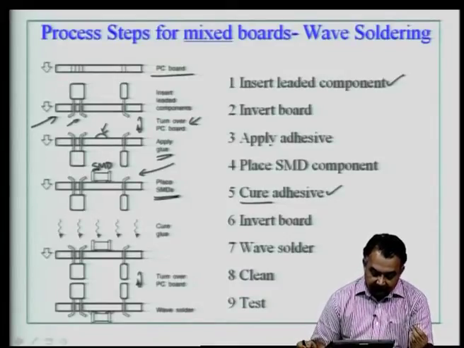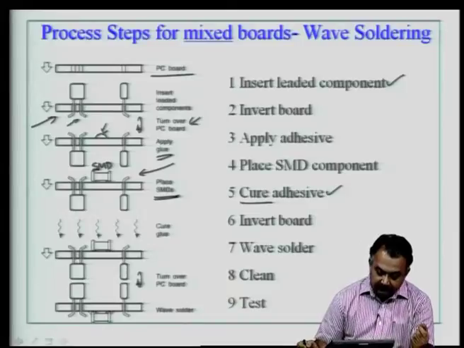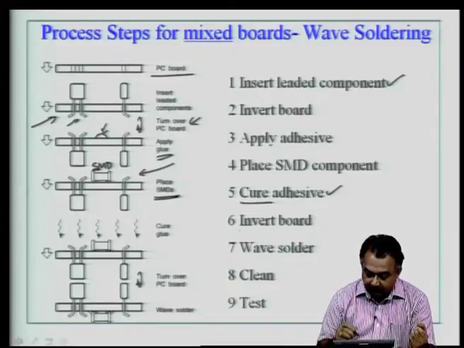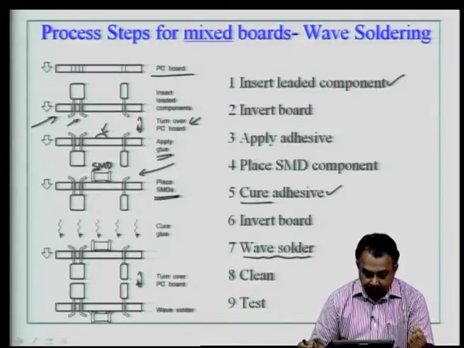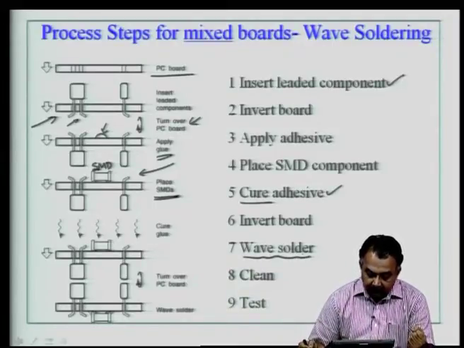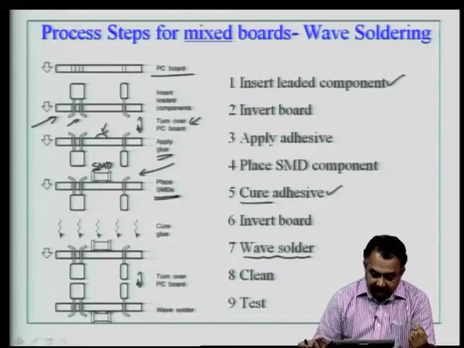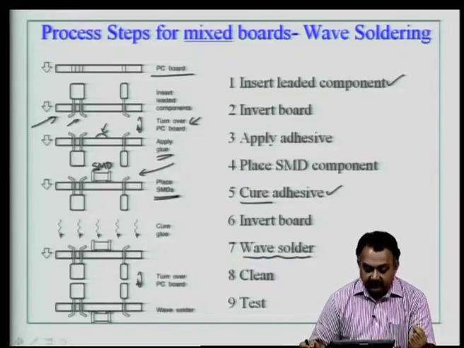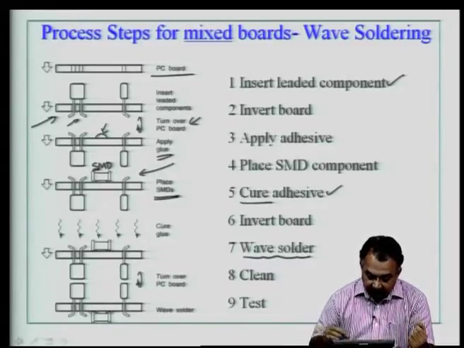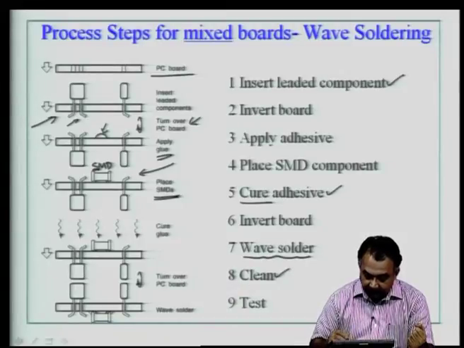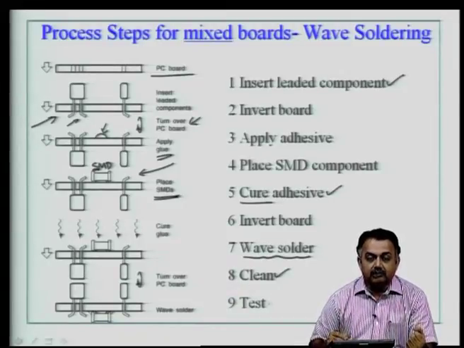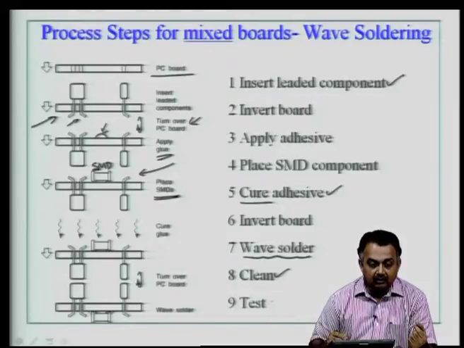Once you have done the curing process, you invert the board and then send it for a wave soldering process. Now, you can expect the attachment to take place for both the SMD and the through hole component. After this process is over, you can clean the board with suitable materials like isopropyl alcohol.